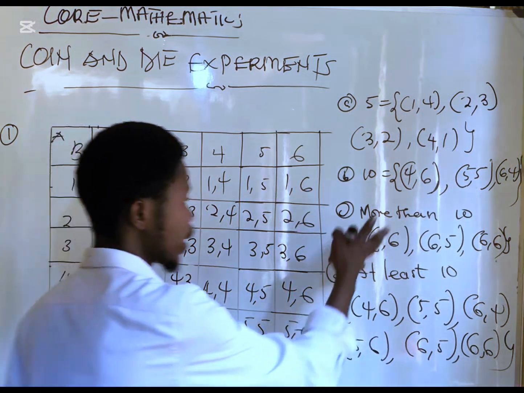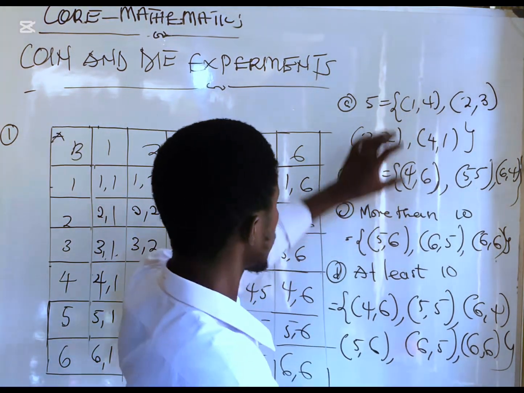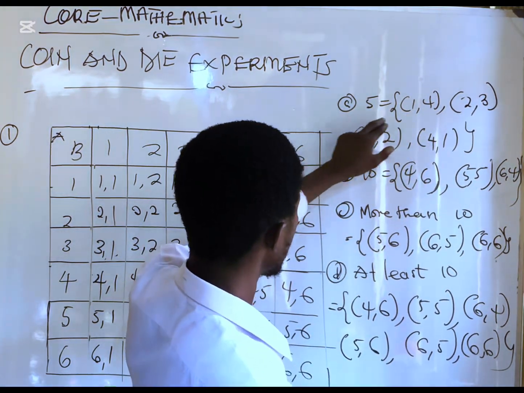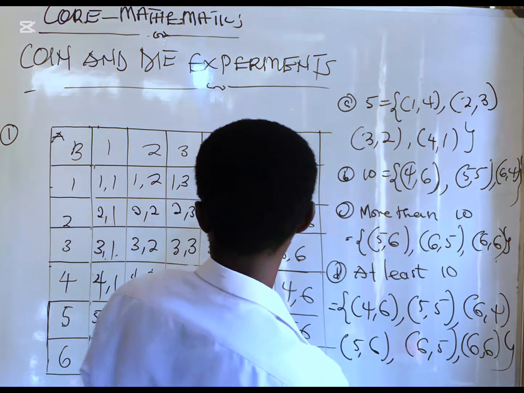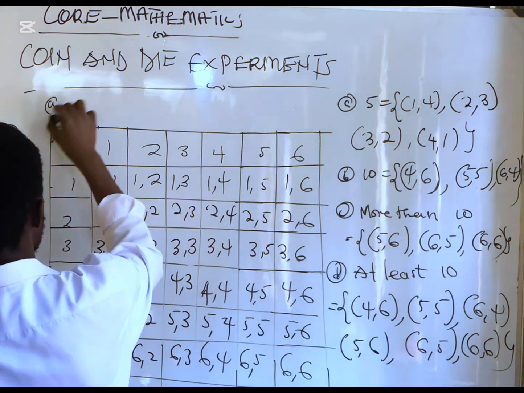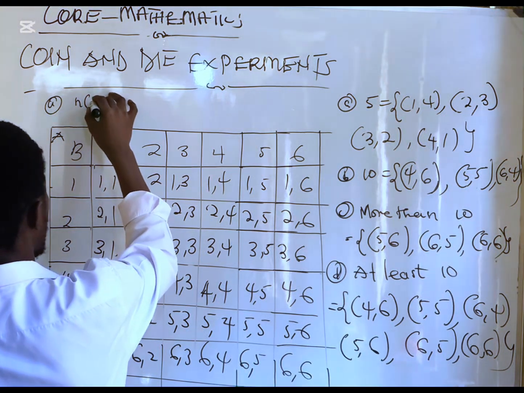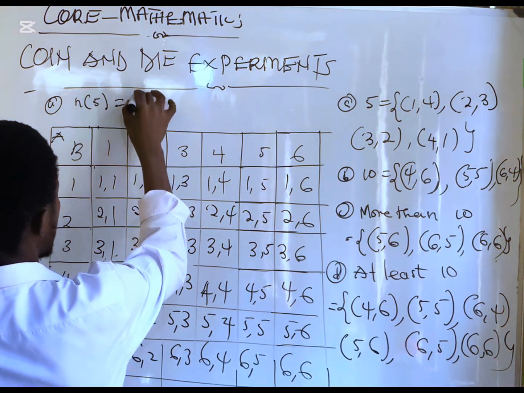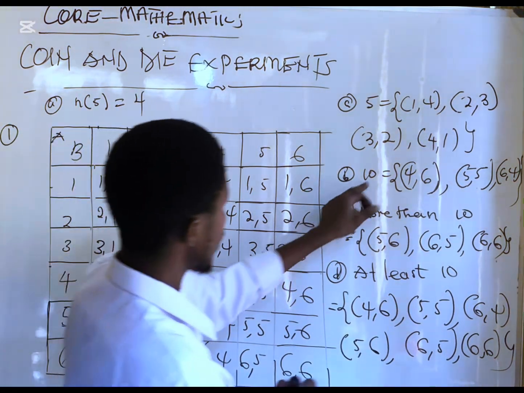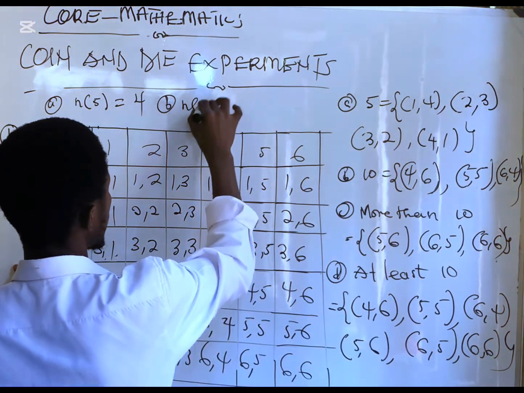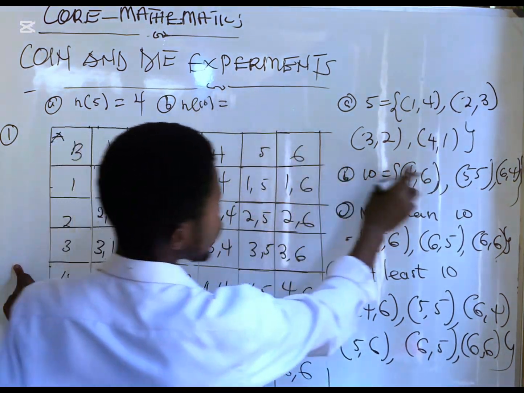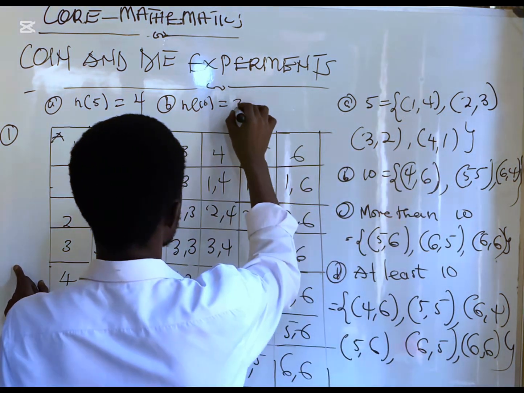Okay, but before I clean this one, let's write these ones down. A, that's sum of 5. We have 1, 2, 3, 4. We have 4 numbers. So the number of sum of 5 is 4. Then let's count for the B. We have 1, 2, 3, there are 3.